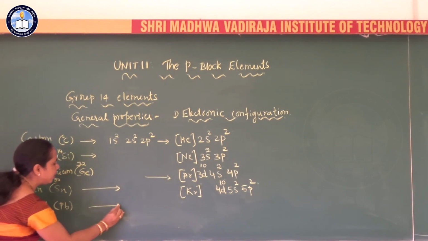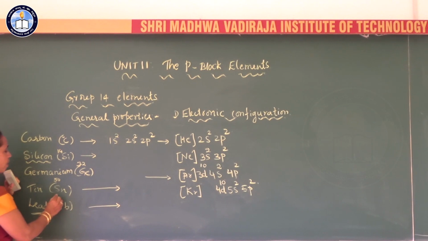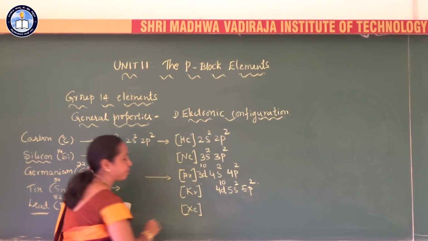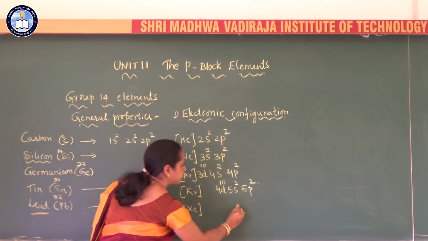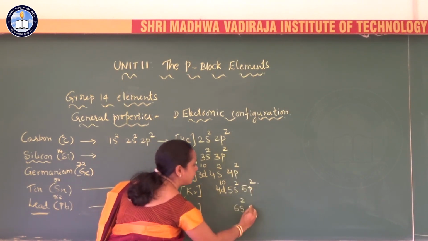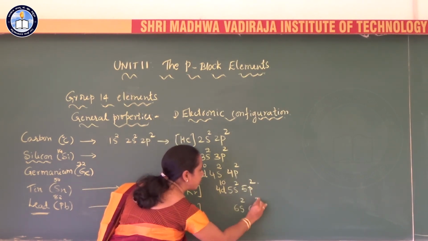In the last element, lead, if you consider, its atomic number is 82. And if you write its electronic configuration, the next noble gas is xenon, and the valency shell is 6s2 6p2.